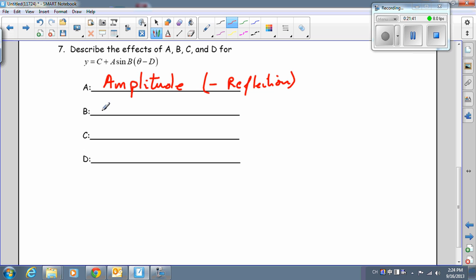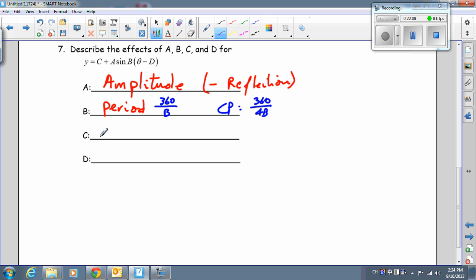Now, B is your period. Well, it's not quite the period, but it will help you find the period if you use the formula that says 360 over B. And it will also help you to find the critical point. The CP here will be 360 over 4B. Now C is the vertical shift.